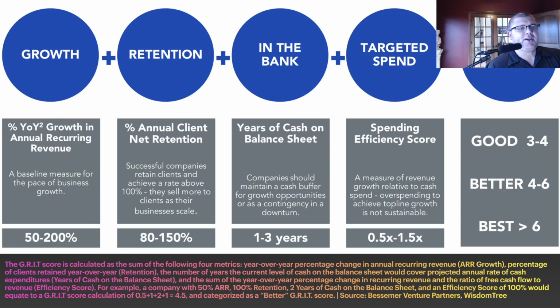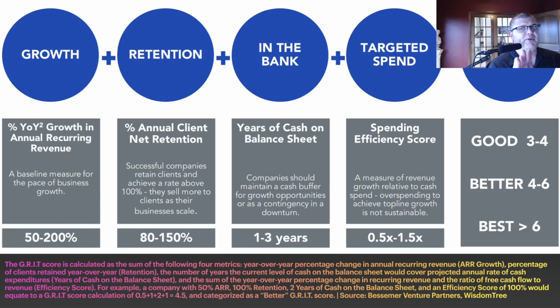And then the targeted spend, you want the spending efficiency score, and that's a measure of revenue growth relative to cash spend. Overspending to achieve top line growth is not sustainable. So you don't want to obviously overspend just to achieve top line growth because it's not going to be sustainable and you're going to go out of business. You want that spending efficiency score between 0.5x and 1.5x.